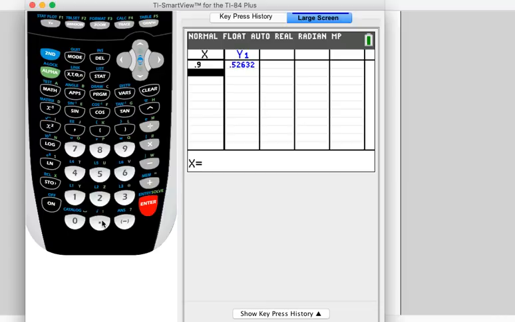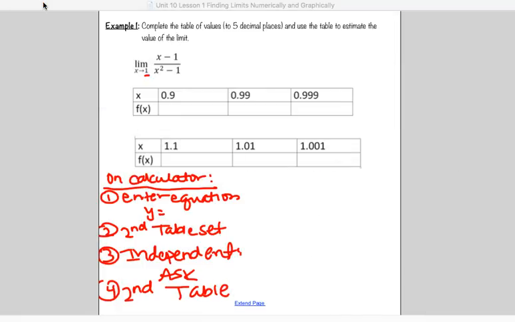Then we'd have, what's the next one? We got 0.99. And we're going to write these numbers down to 5 decimals on our table that we are provided. I got 0.999. So I'm going to fill those in on my table. So I would have, what do we got?